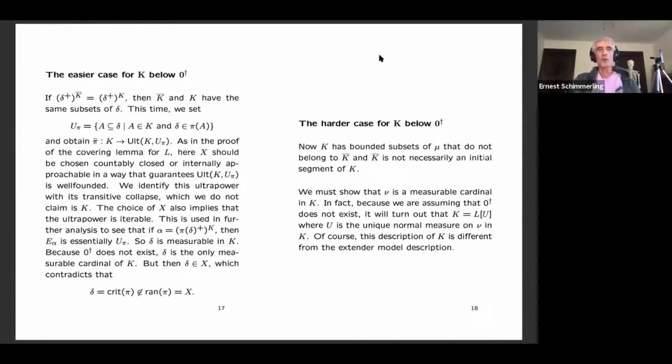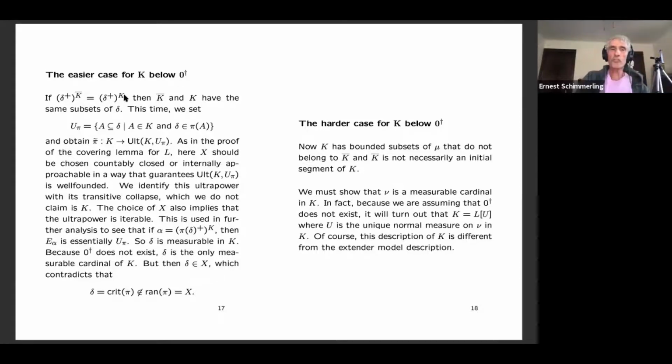So now, again, there's an easier case and then there's a harder case. The easier case is the same. The K power set of delta should be the same as the K bar power set of delta.